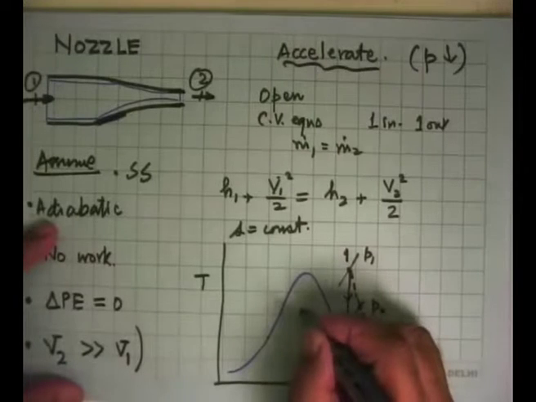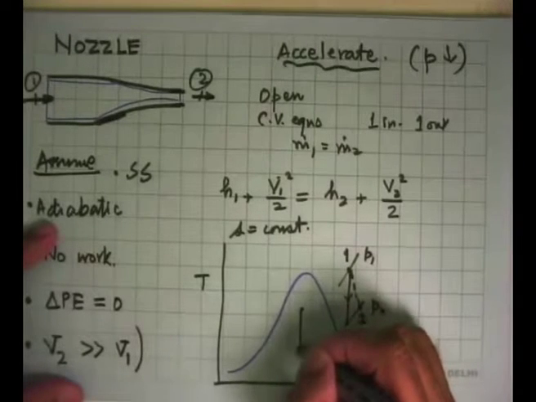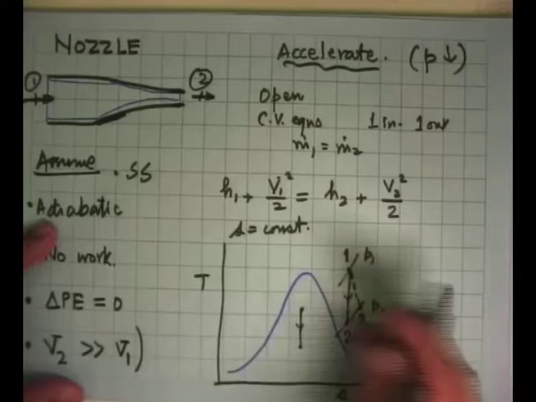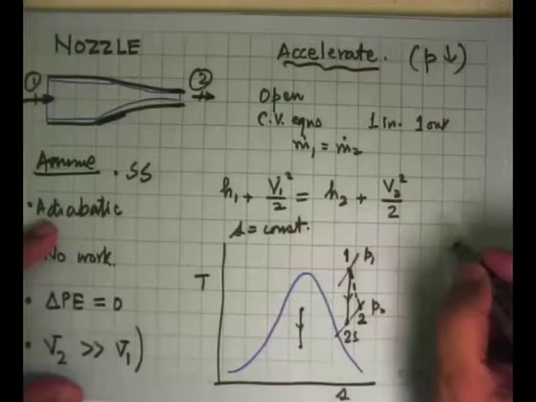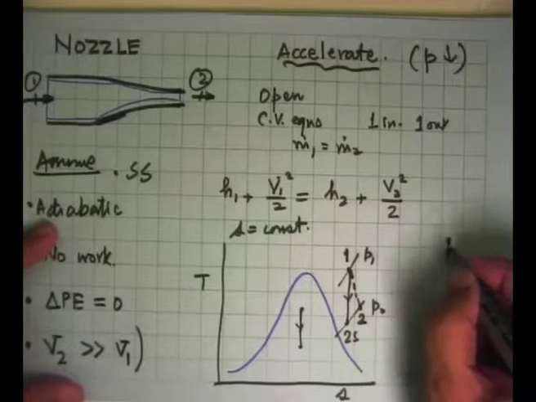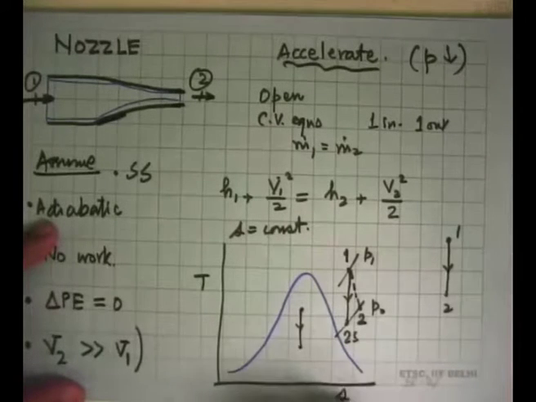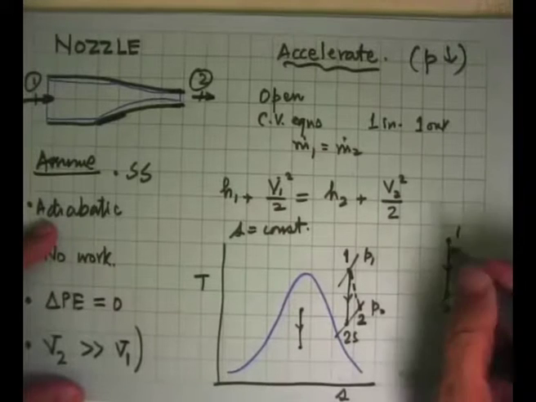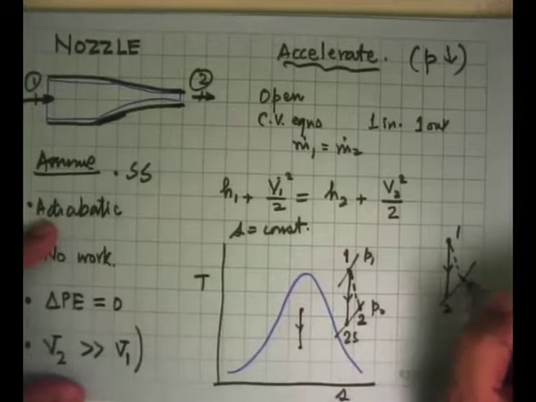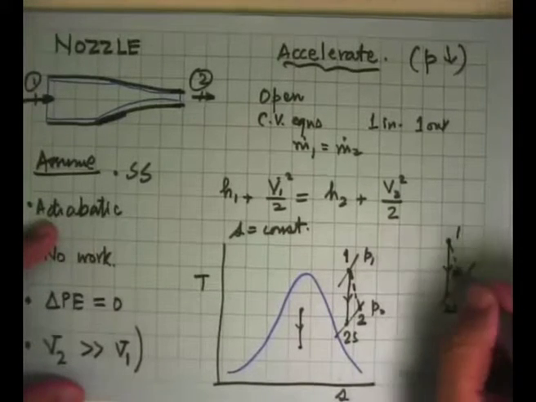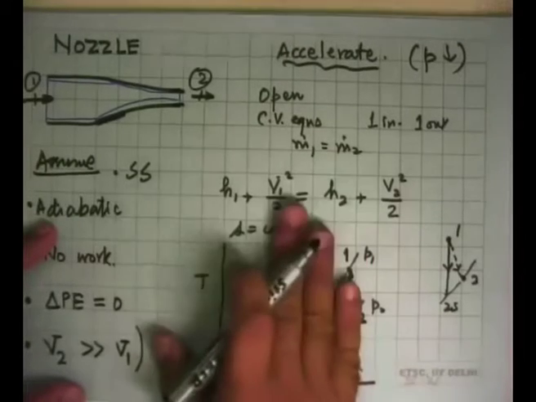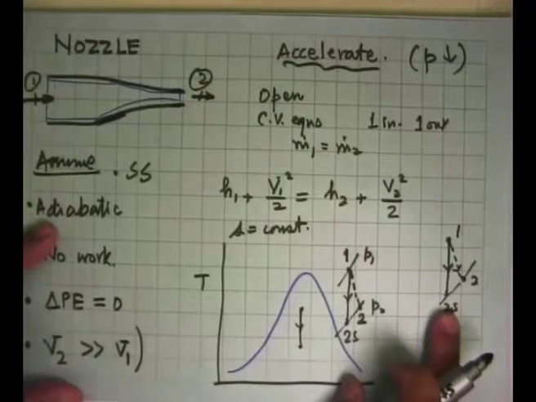We could have put a nozzle there also and accelerated the fluid there. Or if you are far away from this dome in the ideal gas region, say somewhere here, then it is the same thing. This is 1, this is 2, and the gas is accelerated. If there are irreversibilities, the gas will reach this point. This dome will not appear, but this is the process.